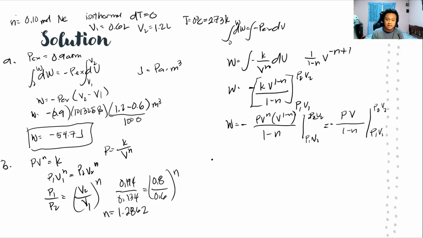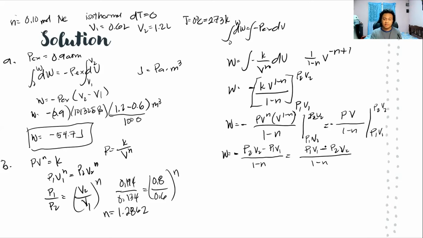So using that, you can get the final equation for our W is equal to P2 V2 minus P1 V1 over 1 minus n. Let's lose this negative sign, you can reverse the signs there: P2 V2 over 1 minus n.